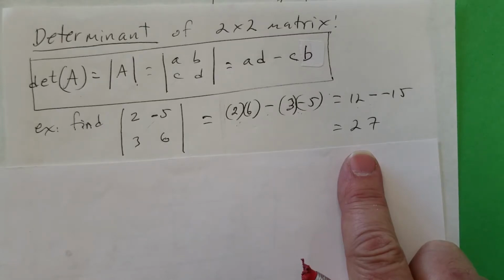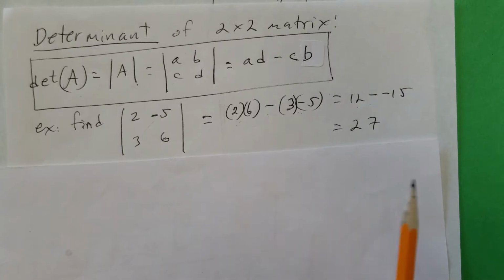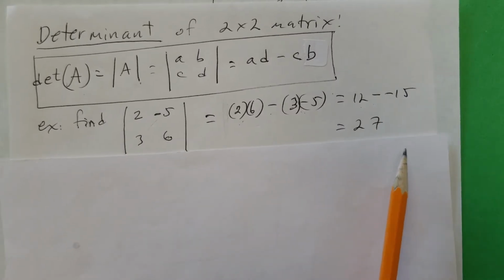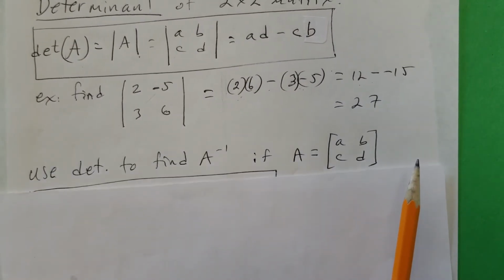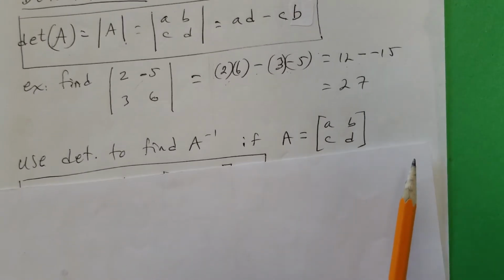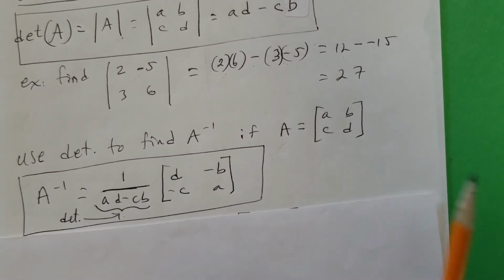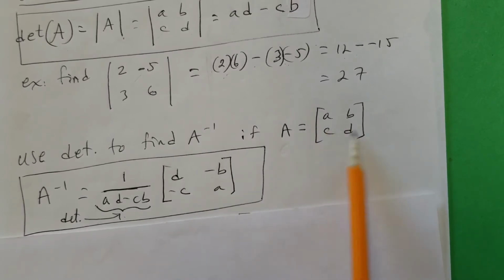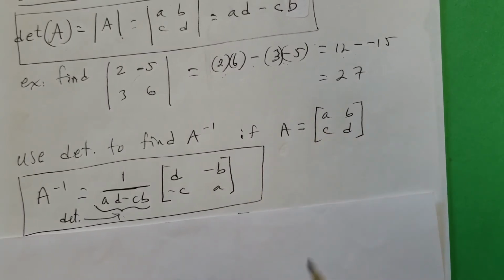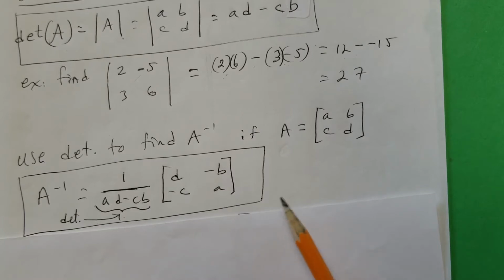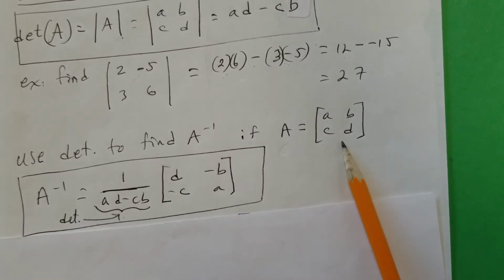Okay? So what? Well, it turns out that once you have the determinant, you can use it to find the inverse. And here's the formula. It only works, again, remember, it only works 2 by 2. If you want the inverse of a matrix, how do you do it?